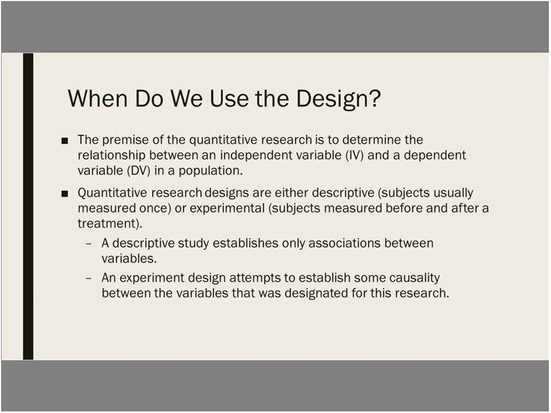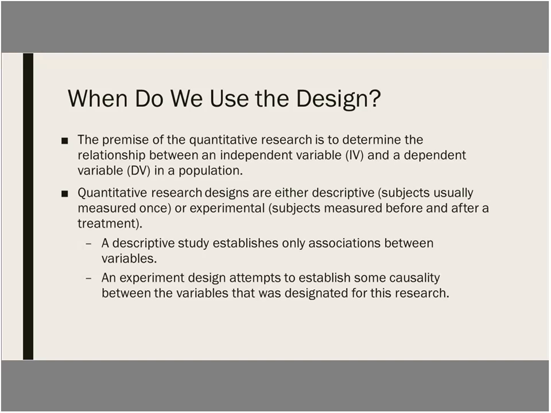And we're looking at relationships between variables. Quantitative research can be very descriptive, measured one time, or it could be experimental, such that subjects can be subject to a before and an after treatment. I'll give you some examples of before and after treatments throughout the webinar.